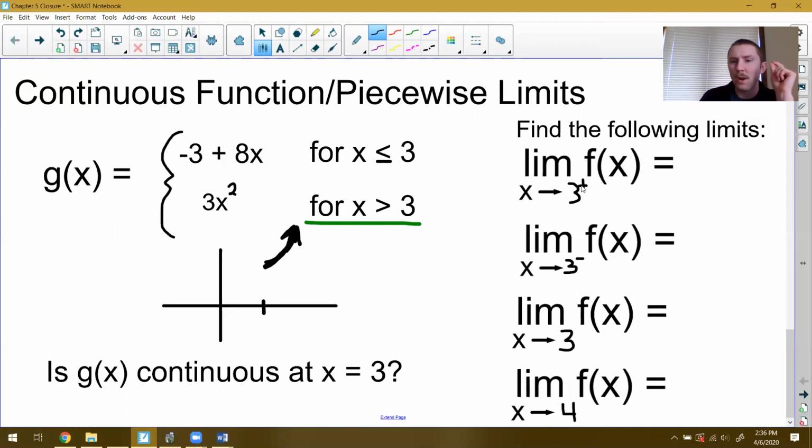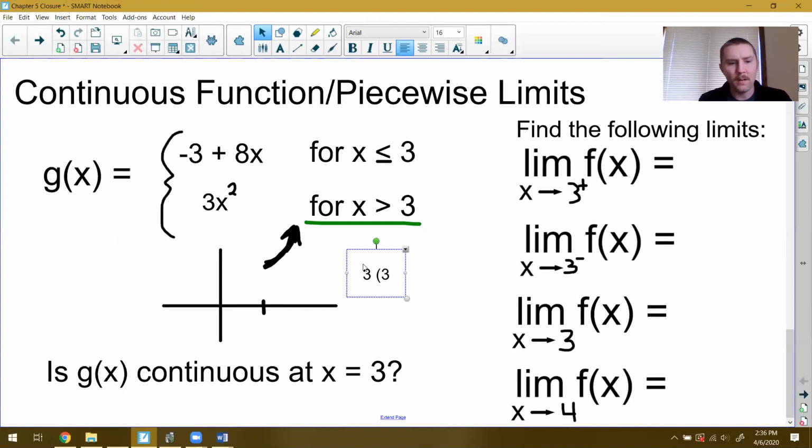So if I want to know the limit as I approach from this side, with a piecewise function, if I'm approaching the boundary point, I can just plug this value for x into that piece of my function rule. So as I approach 3, I think I'm going to get to, well, let's see, 3 times 3 squared. 3 squared is 9. 3 times 9, I think, equals 27.